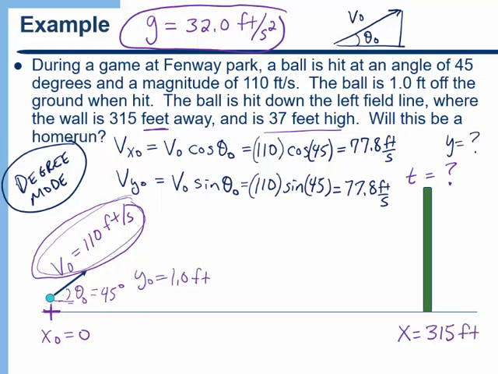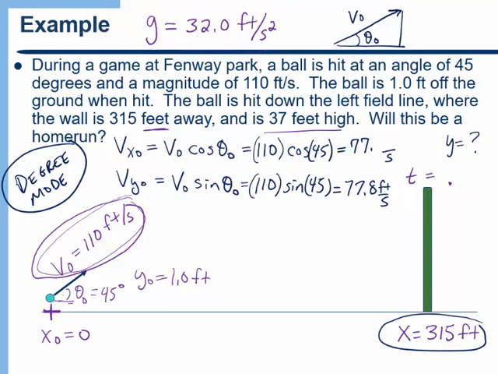Okay, that's step one. Now, if we want to know how high the ball is when it's covered a distance of 315 feet, you may have guessed that the next thing we want to do is figure out how much time it takes for the ball to get to the wall. We have enough information to do that with the x direction. Our x equation is x is equal to x naught plus vx naught t.